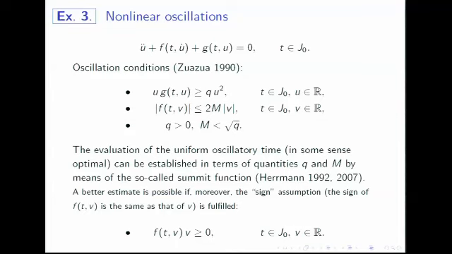And q is greater than 0 and m is less than square root of q. The evaluation of the uniform oscillatory time can be given in terms of quantities q and m by means of the so-called summit function.